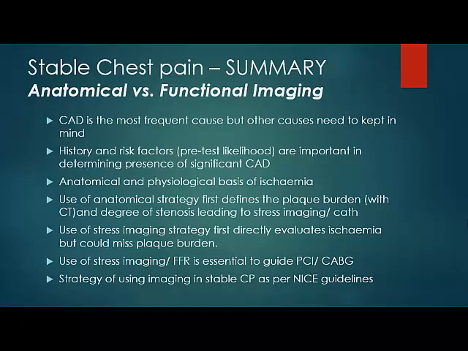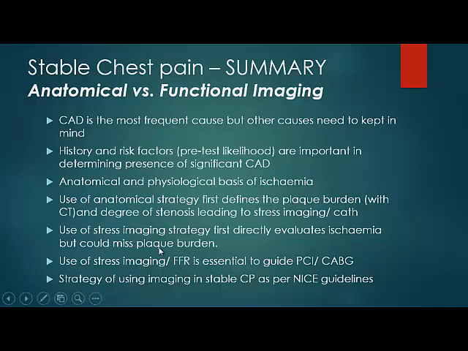Now, we also looked at Gould's curve to understand the anatomical and physiological basis of ischemia. The use of an anatomical strategy first defines the plaque burden and degree of stenosis, leading to stress imaging and cath if required.